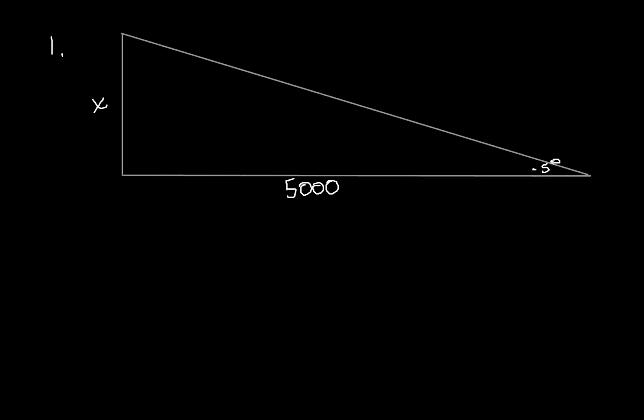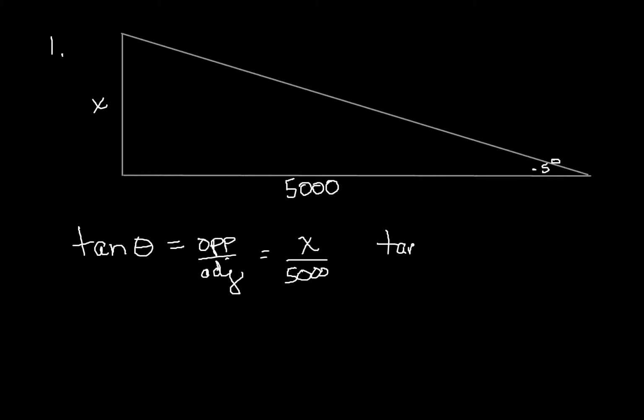And thankfully, we know our trigonometry. That's how we did these in Algebra 2. So we don't have the hypotenuse, so we can't use sine or cosine, so we're going to use tangent. So we'd say tangent of theta equals opposite over adjacent. So the opposite is x, well, x over 5,000, right? So we'd say the tangent of 0.5 is equal to x over 5,000.